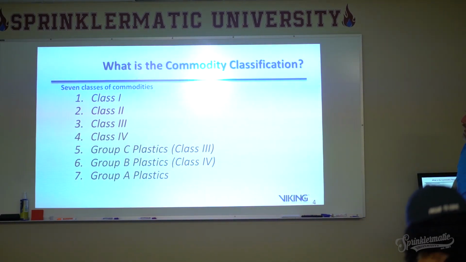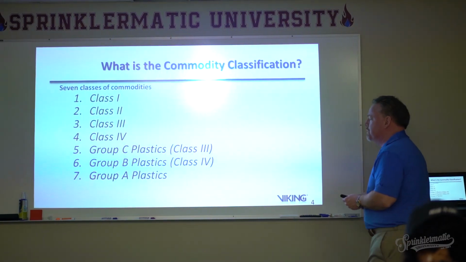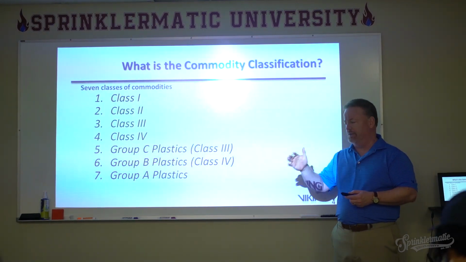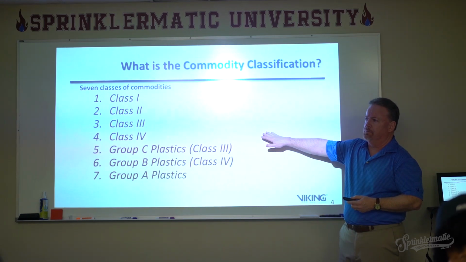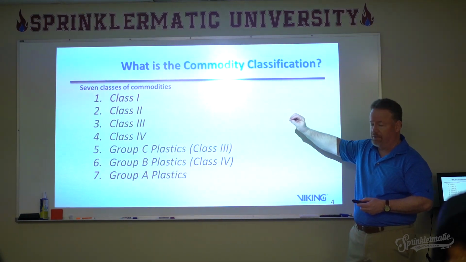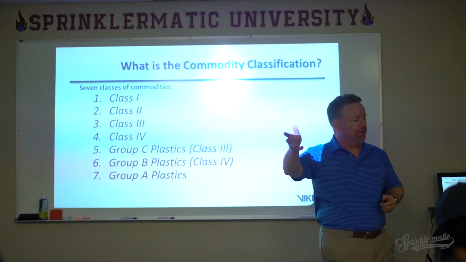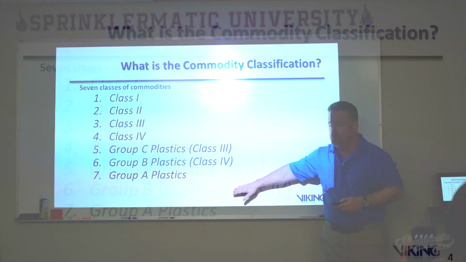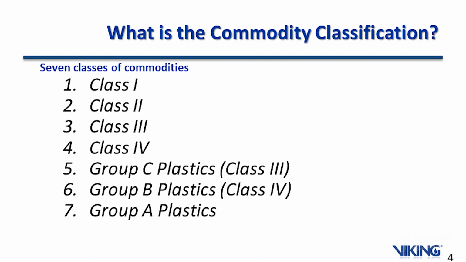So when it comes to commodity classification, similar to the five types of occupancy hazards, when we had light hazard, ordinary group 1 and 2, extra hazard group 1 and 2, you have 7 commodity classifications.